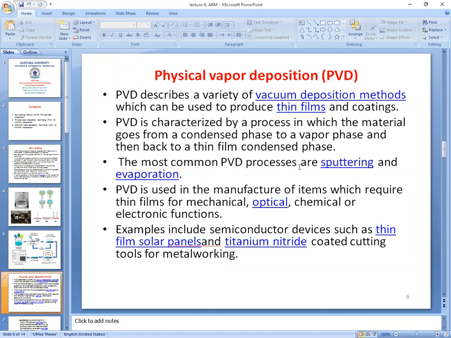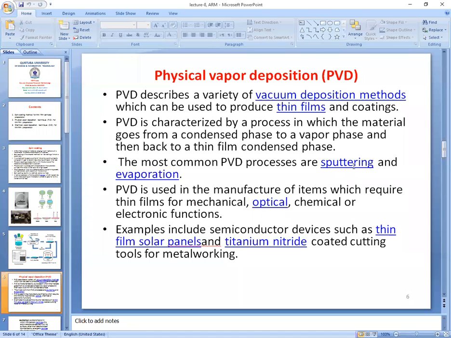The most common PVD processes are sputtering and evaporation. Sometimes it is called thermal evaporation. Sputtering means explosive voices, but you can say it's a quick deposition technique. And there is a difference between evaporation and sputtering.